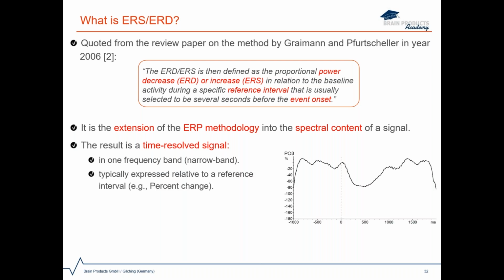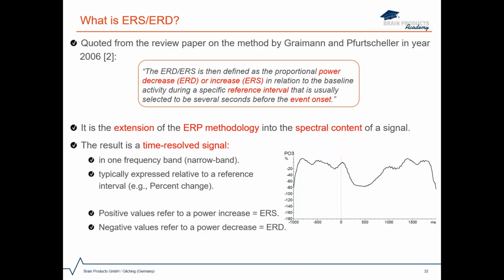It is typically expressed as relative to the mean or median value between a reference interval, for example, percent change. When the results are of positive values, it is referred to as an increase or ERS. When the results are of negative values, it is referred to as a decrease or ERD, which is shown in this figure.